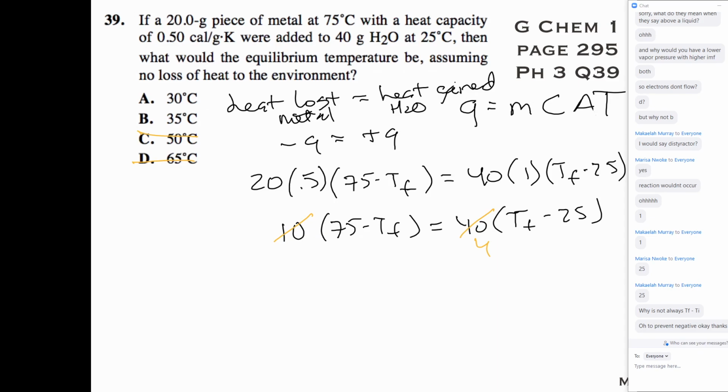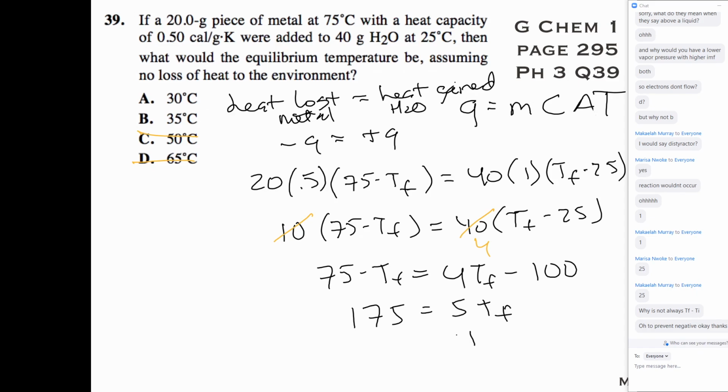So I now have the following. I have 75 minus TF equals 4TF minus 100. Now it's a matter of just adding things across. So 175, adding 100 each side, equals 5TF. TF equals 175 over 5, which is that 30 or not 30?